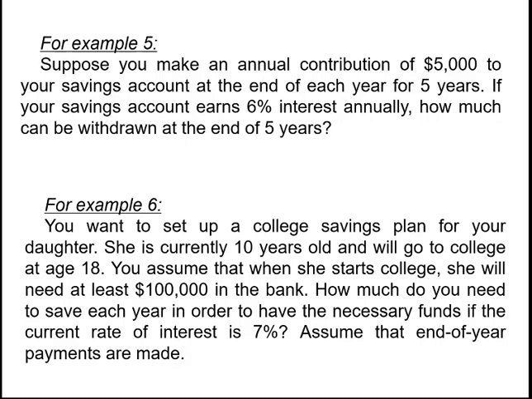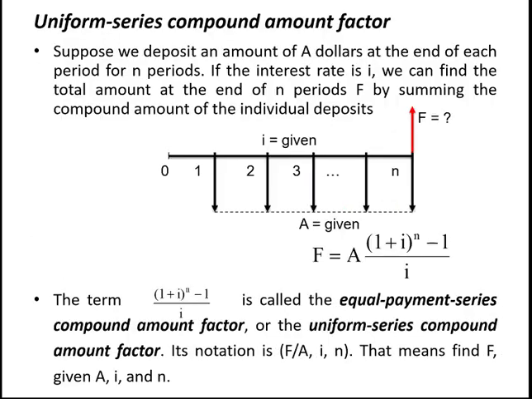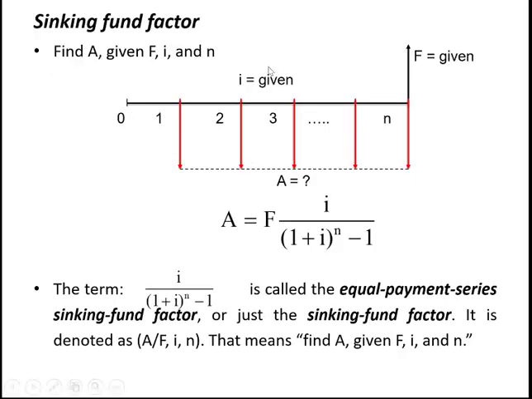So in this example, we have to use the sinking fund factor. Here, we should draw the cash flow diagram. The number of periods is 8, and the interest rate is 7%.